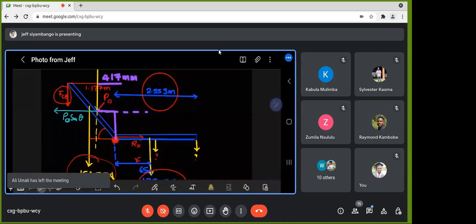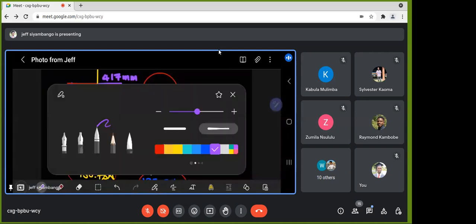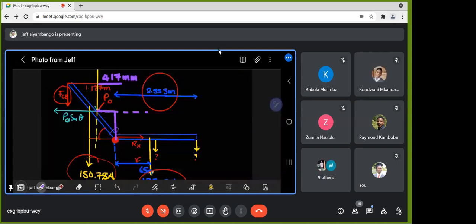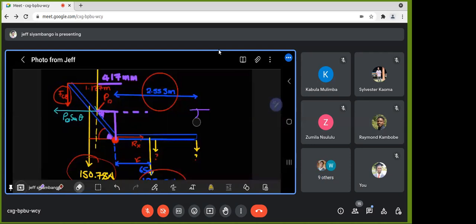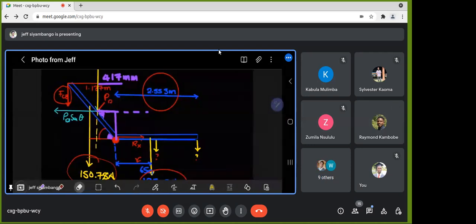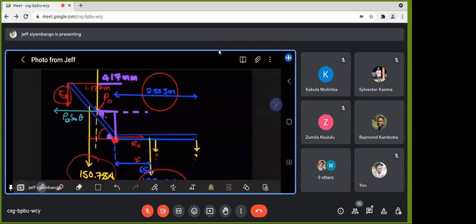But then, in terms of the angles, if the angle here is 54.8, then the angle here also has to be 54.8. Of course, we see that is a Z. This has to be the same as that. So based on this, I used tan to relate this angle to this side and to this side.